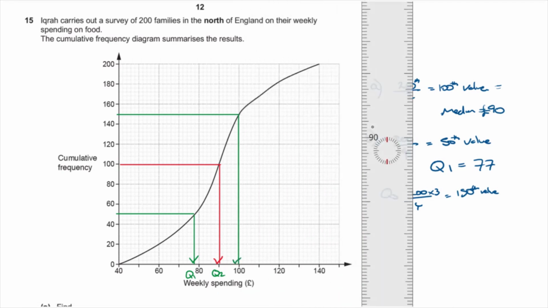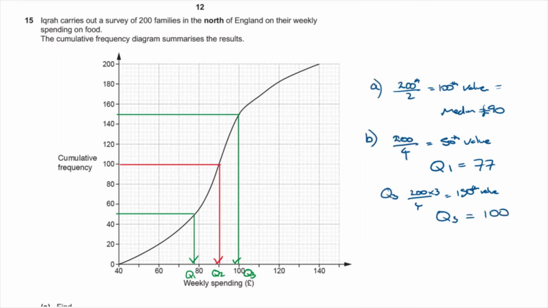I think I read that as bang on 100. So that's Q3. So Q3 is 100. So therefore the interquartile range is going to be equal to Q3 subtract Q1, which is 100, take away 77, it's going to be 23.